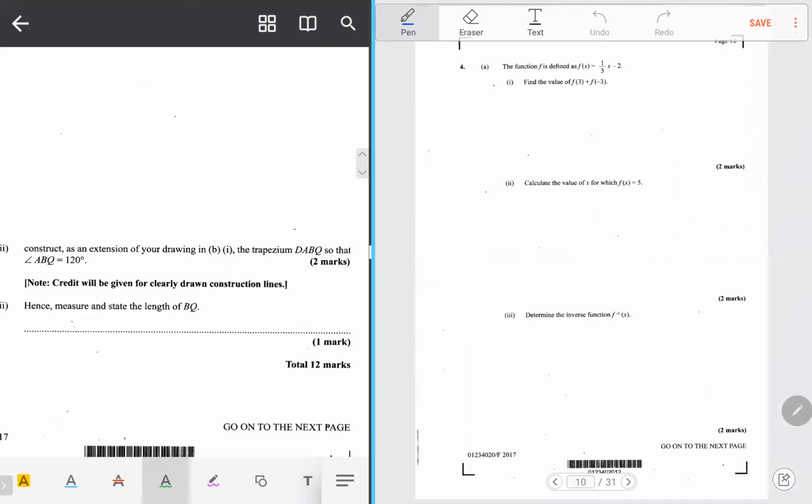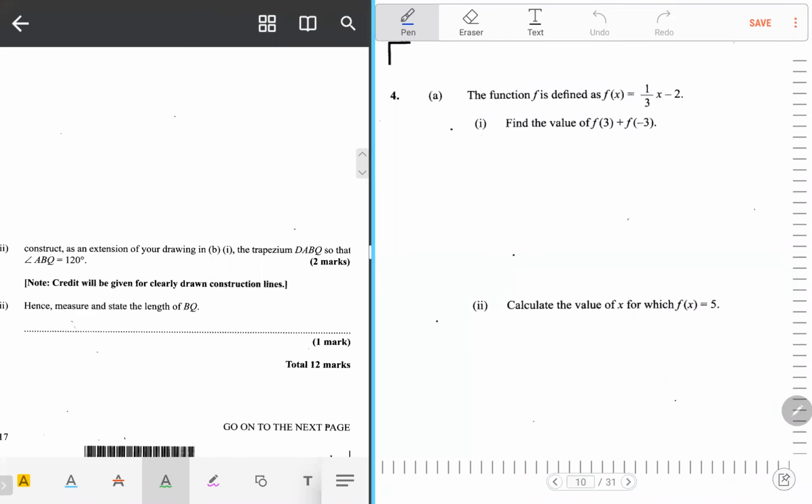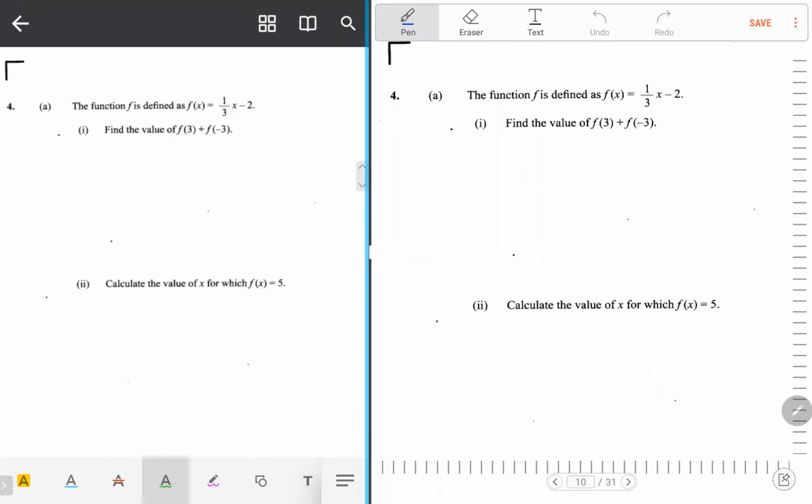Next question, question 4. All right, so question 4 says, this is a functions question. f of x is straight over here, and they want us to first calculate f of 3 plus f of negative 3. So f of 3 is just putting 3 in the f function, right?